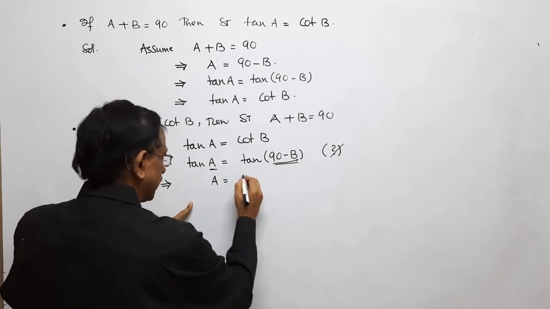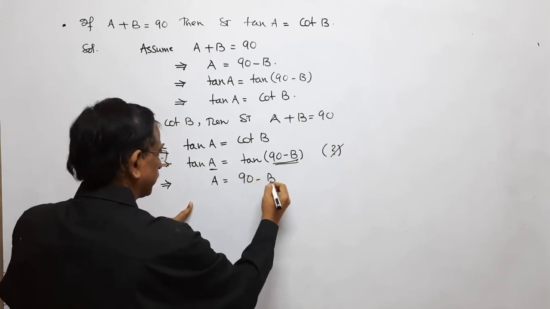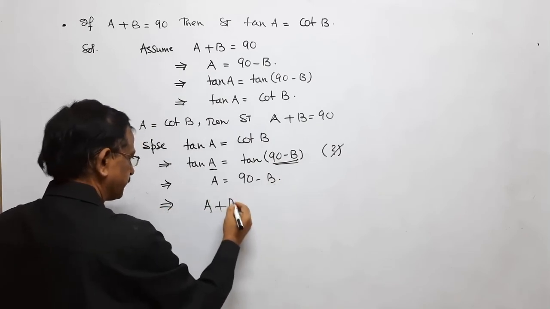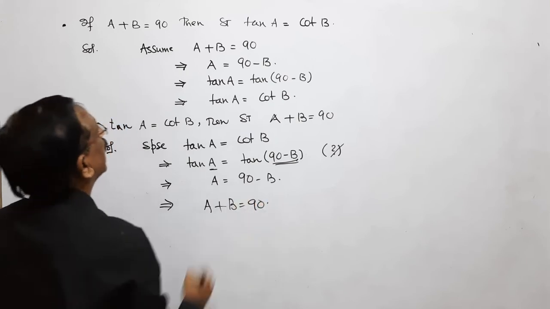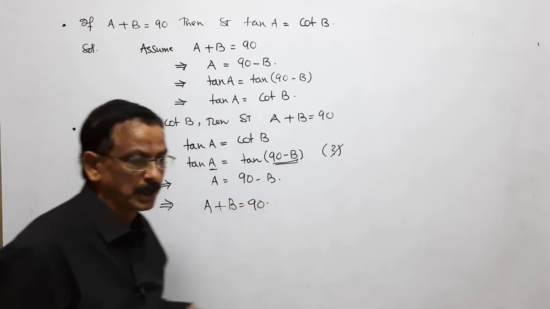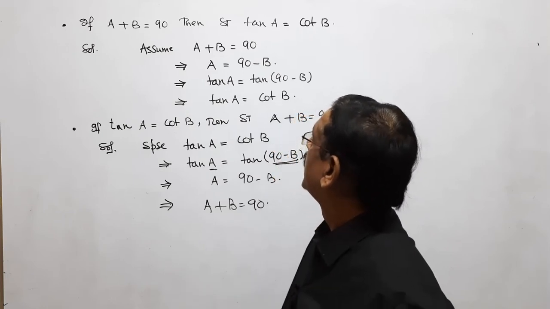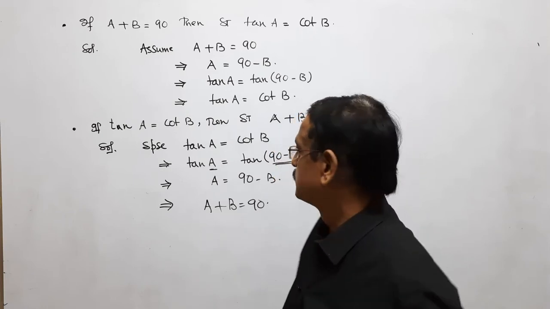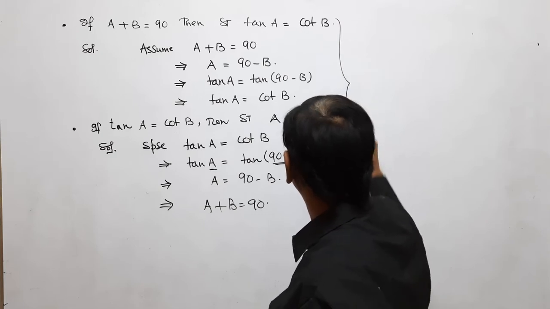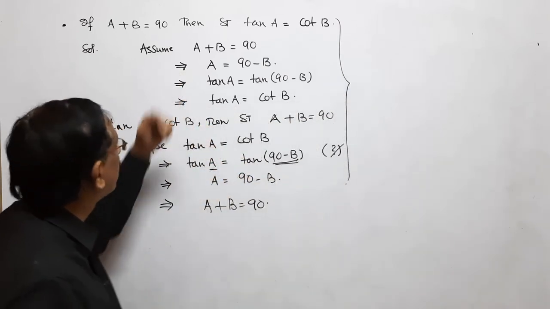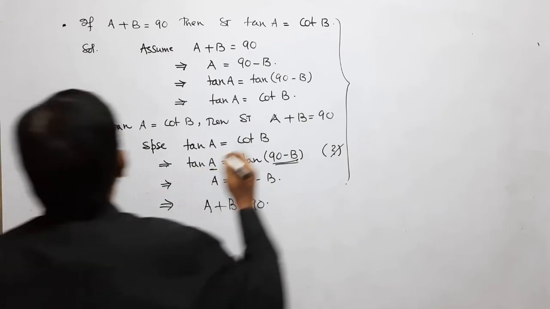So A must be equal to 90 minus B. This implies if you bring this B here, A plus B equal to 90. Now, this is if and only if: A plus B is 90 if and only if tan A is equal to cot B. So this is a very attractive problem.